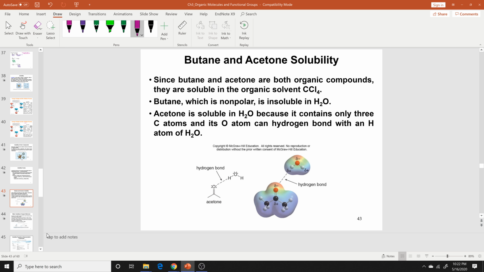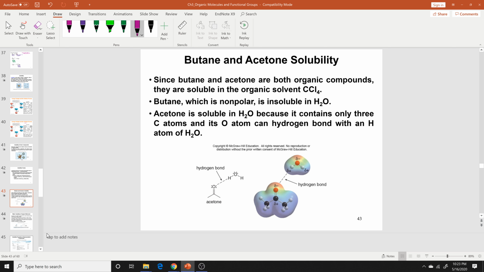It can dissolve polar compounds because it does hydrogen bonding with them and it has a dipole-dipole interaction. So acetone is soluble in water. Acetone can dissolve polar compounds because it has a polar bond. It has a polar C=O bond over there.